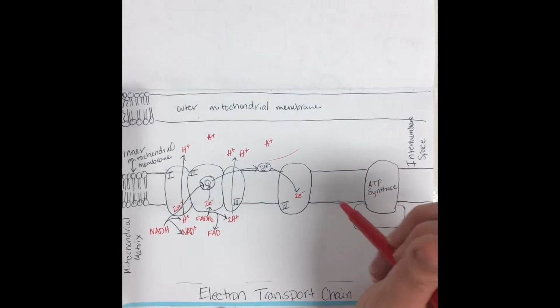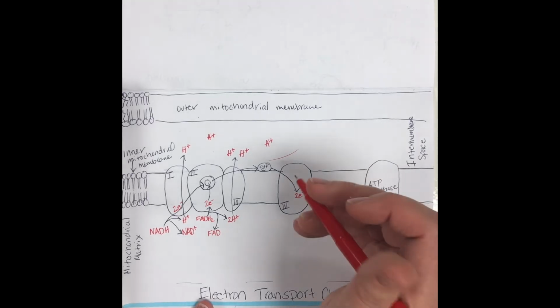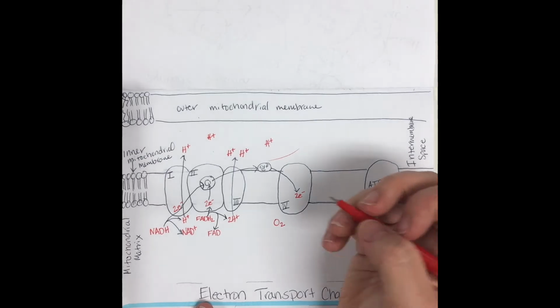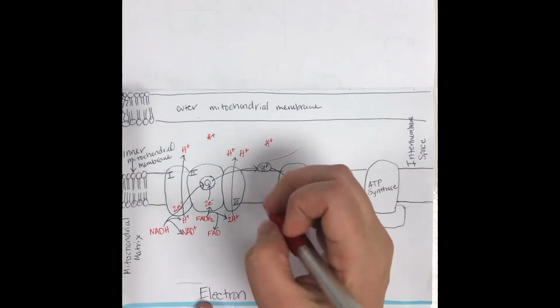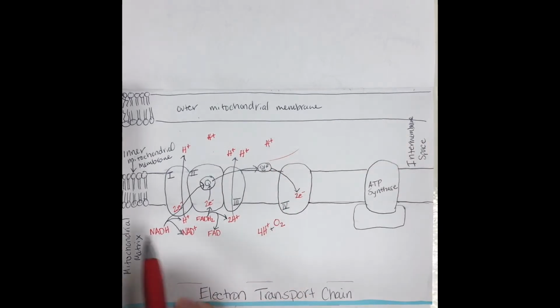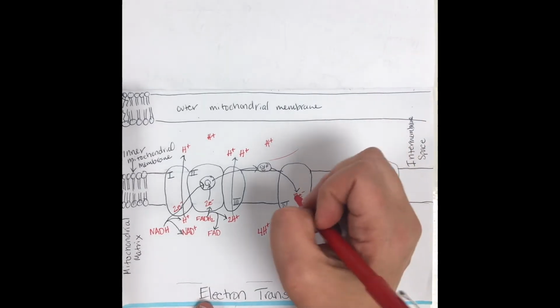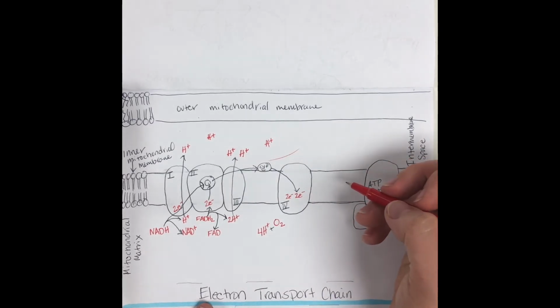Now we need to deal with what's going to happen with these electrons, okay? These electrons are going to use oxygen, plus 4 hydrogen ions, okay? So we've got 2 electrons from the NADH, we've got 2 electrons from the FADH2, so that means we really have 2 sets of electrons. We have 4, okay?